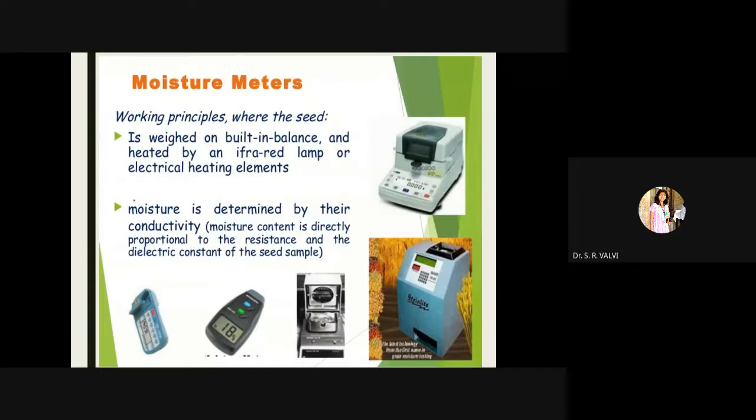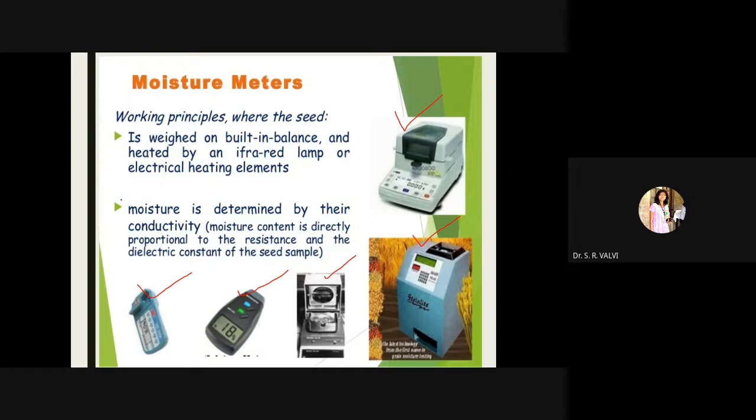So one by one I am going to discuss this equipment. First is the moisture meter. You can see different kinds of moisture meters which I have mentioned here. This moisture meter is weighed on a built-in balance and heated by an infrared lamp or electrical heating elements, right?